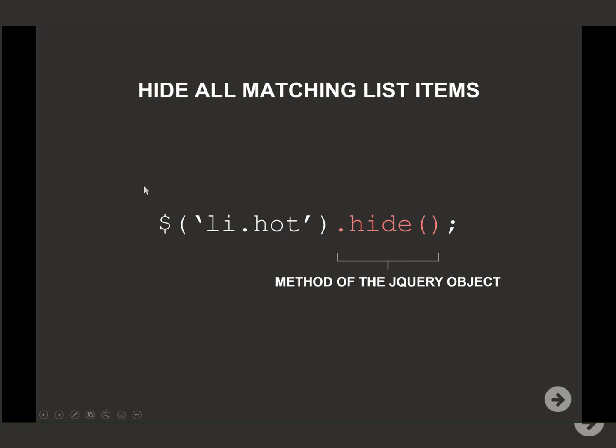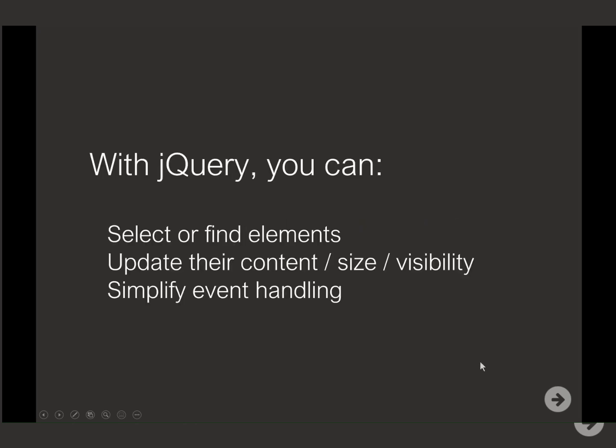Okay, properties and methods. So that means with jQuery you can do element selection, you can update the contents, size, visibility, and also you can simplify the event handling. So we'll cover all of these three basic things in this lecture.